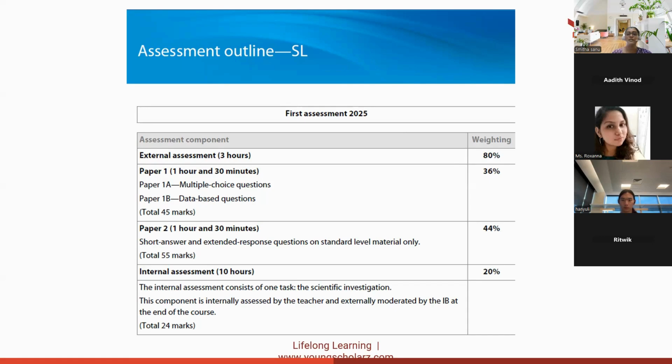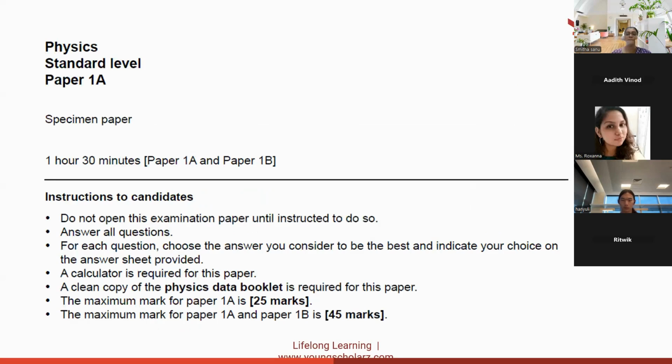Paper 2 is 55 marks. You can see it in the next slide. Paper 1A will be 25 and 20. It's not 30 and 15, it's 25 for 1A. So you just have 25 MCQs and the remaining 20 marks is for data analysis.